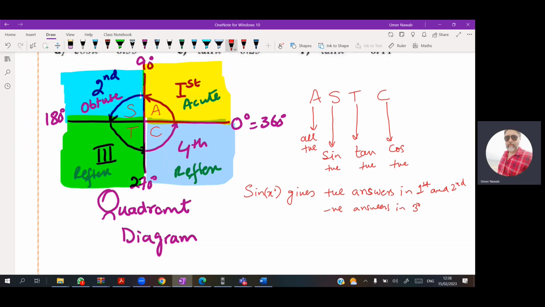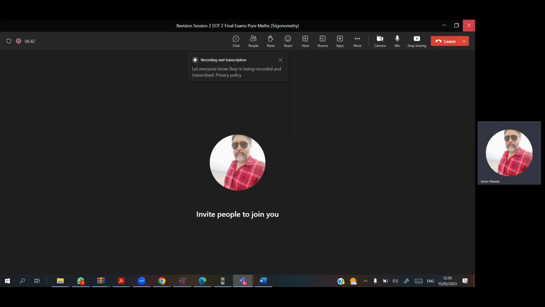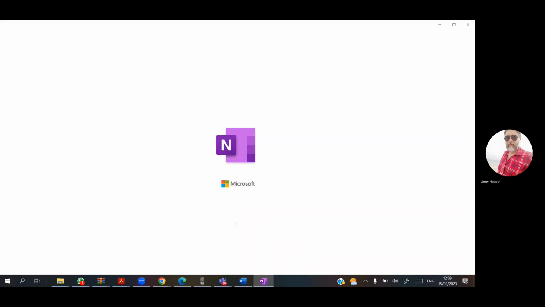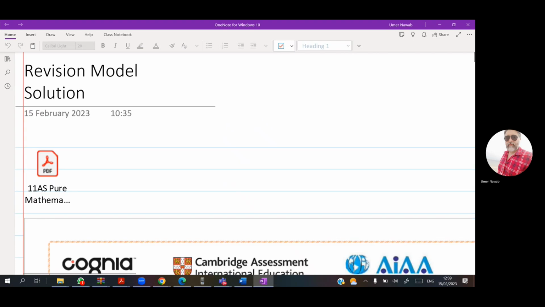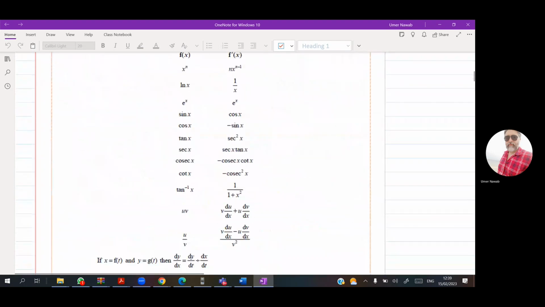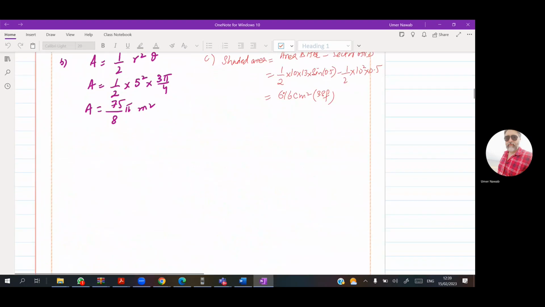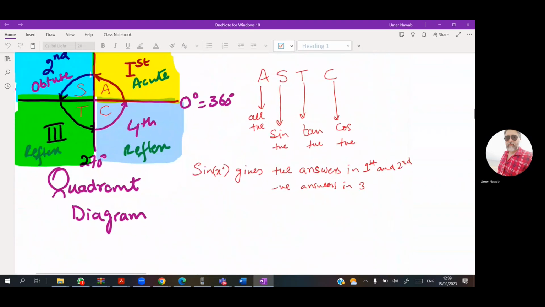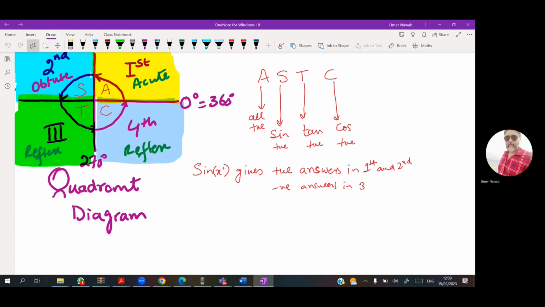Clear? Let me open it again because there is a glitch here. So sine is positive in the first and the second quadrant and negative in the third and the fourth quadrant.